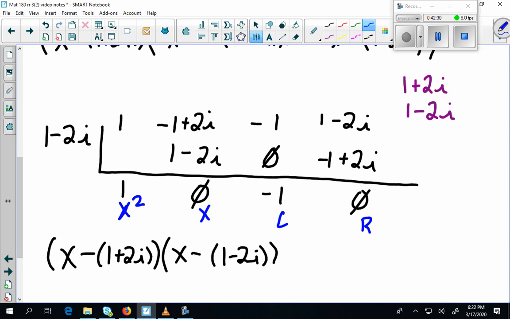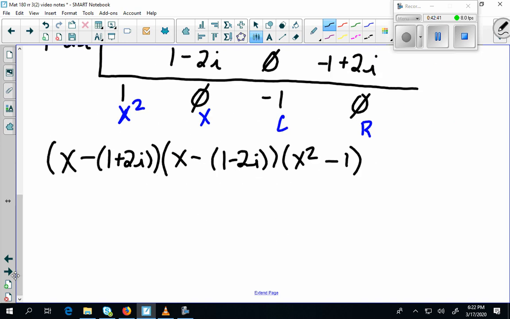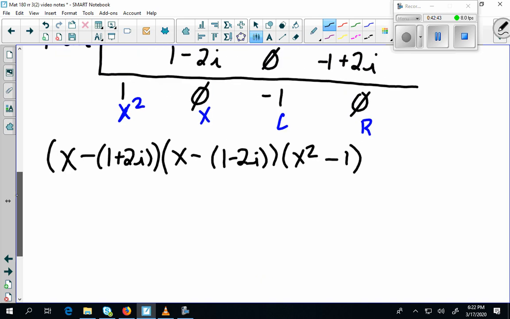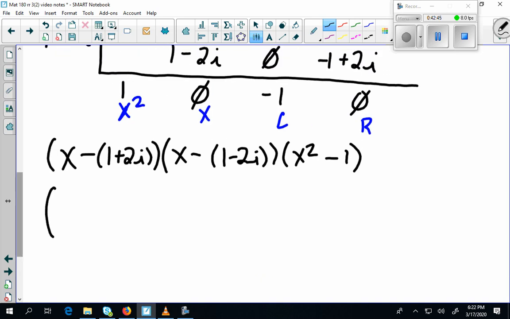Right? So I have x squared minus 1. And hopefully some bells are going off. I know that's pretty easy to factor. So I get x minus 1 plus 2i, x minus 1 minus 2i.